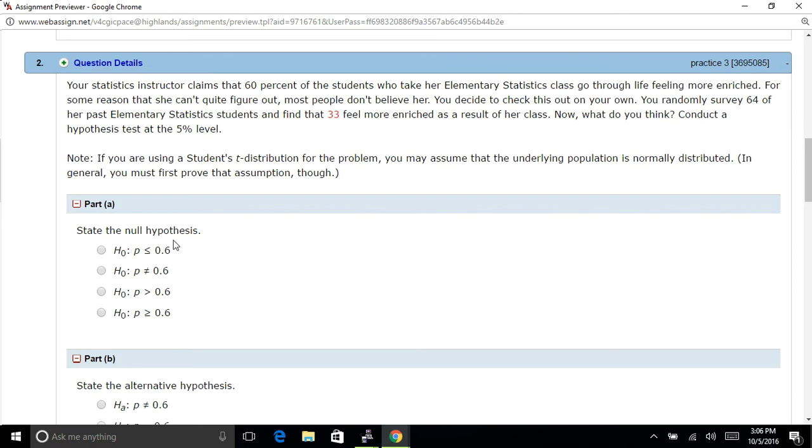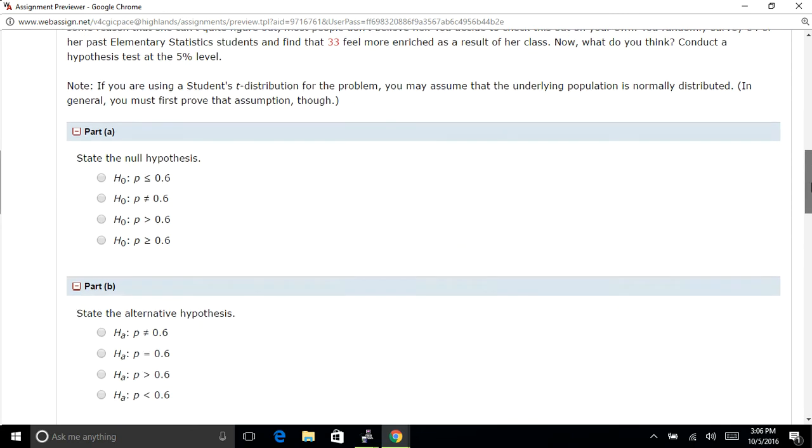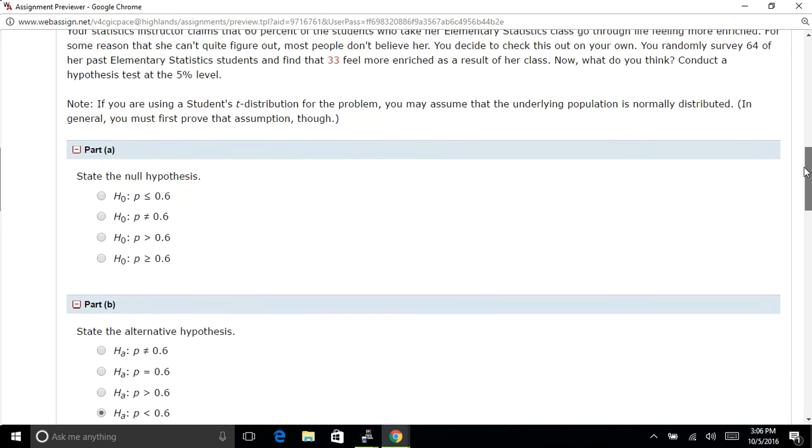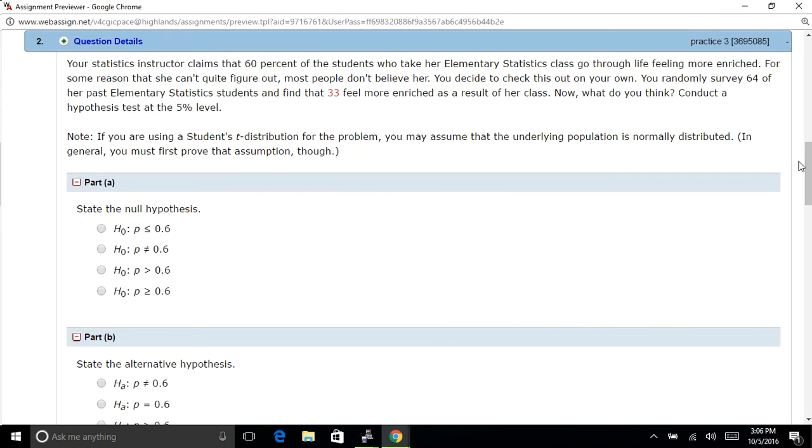So one way to do it is to think about what we're going to test. It's finding out that it's lower, so I would start down here and do this as a less than problem, because it's showing that it's less than that.